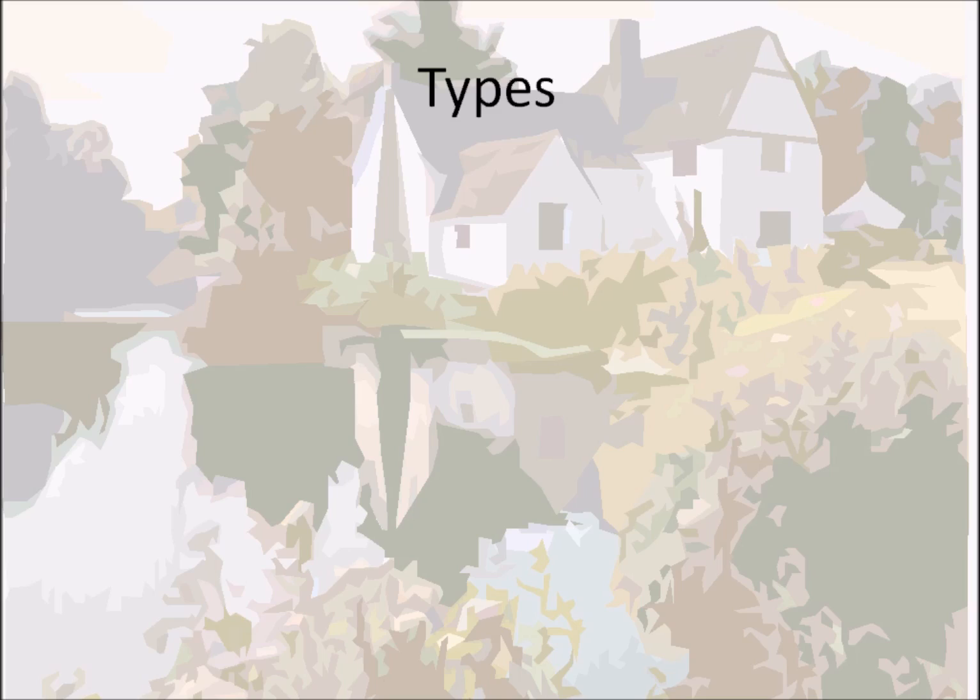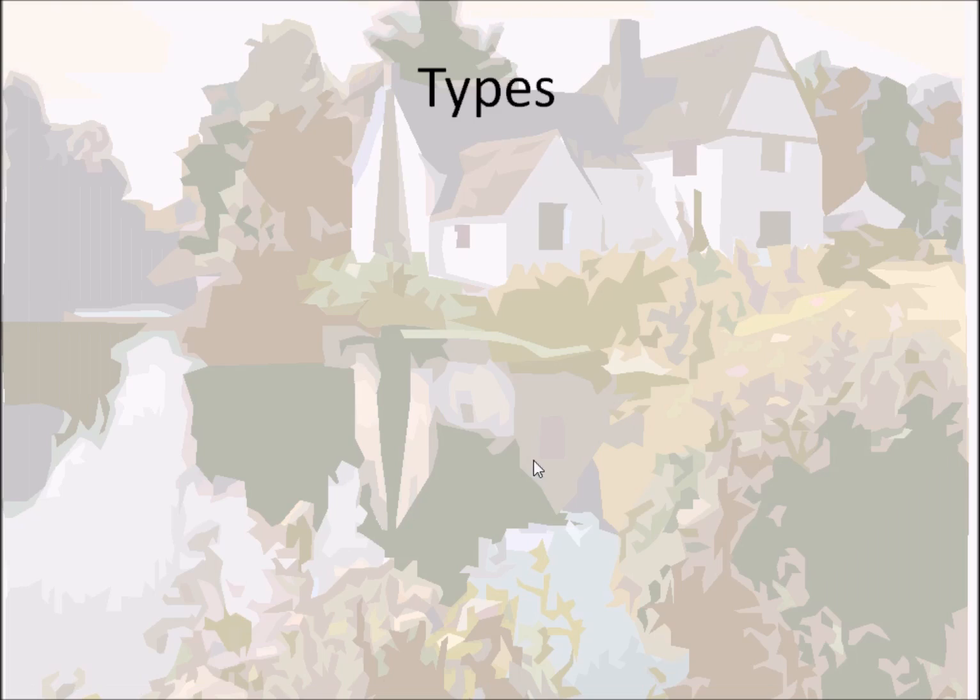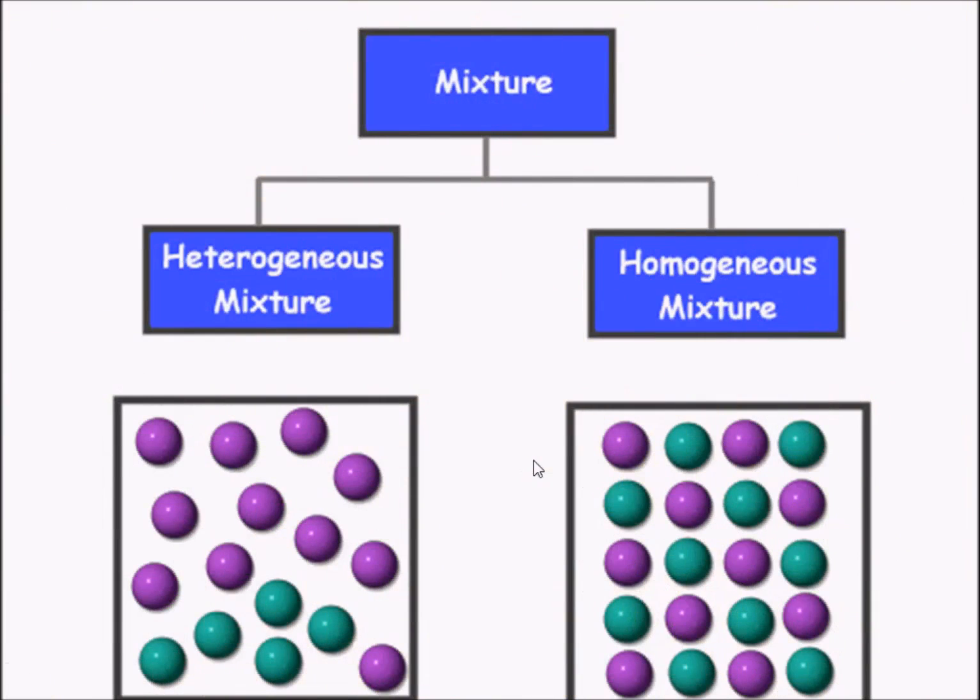Water and sand, can you separate them? Yes, of course. There are two types of mixture. We have heterogeneous mixture and homogeneous mixture. These mixtures are very often seen in our daily life.